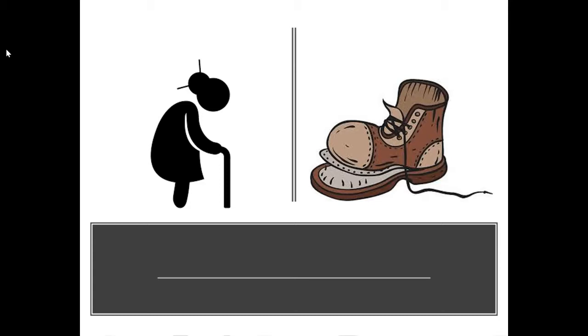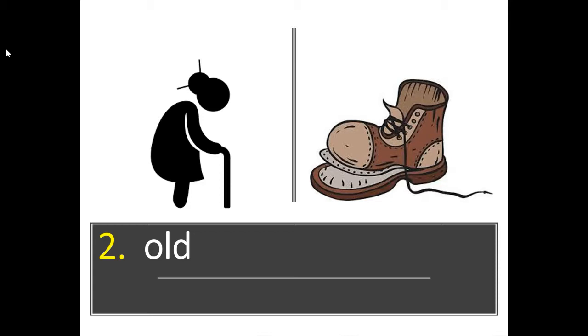In the second picture, I notice a very old shoe that looks like it needs a lot of repair. So how are these pictures the same or similar? They both show something old, an old person and an old shoe.